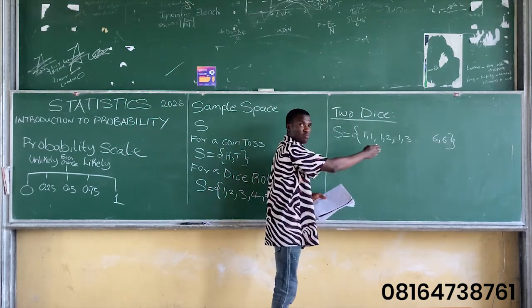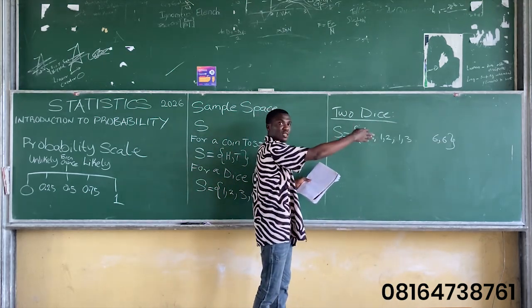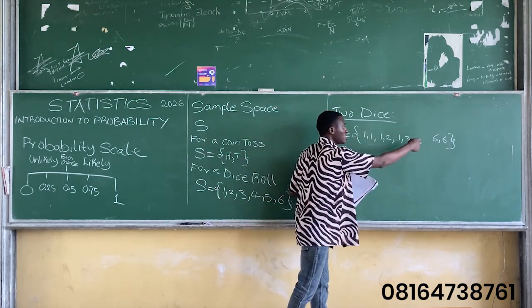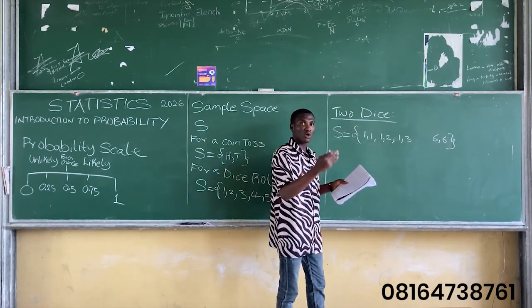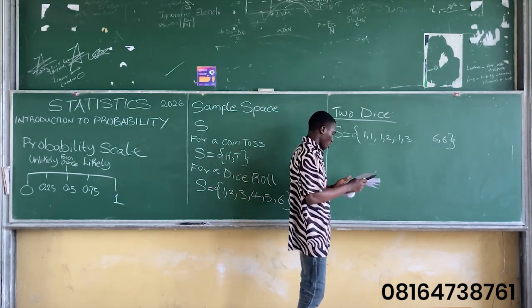Now, for this sample space for 2 dice, it is important to have it in mind that there will be 36 sample points because from 1, 1 down to 6, 6, we have 36 different outcomes for the 2 dice when you toss the 2 dice.